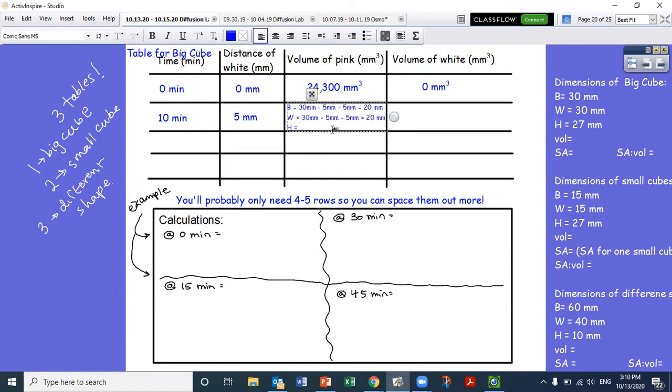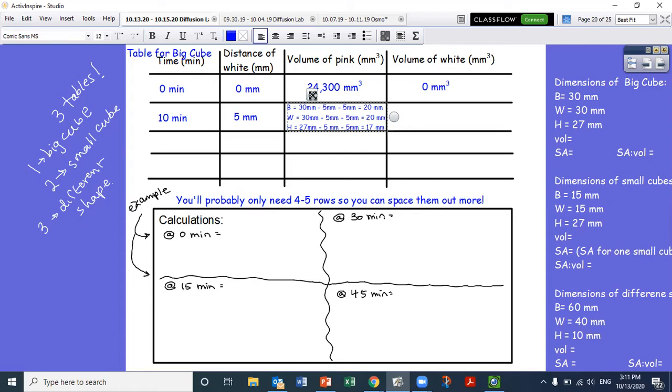So we're going to have 27 millimeters minus 5 millimeters minus 5 millimeters, right? And that's because it's from the left and the right side. So this is going to end up being 17 millimeters. And so you should be able to use your base times your width times your height to calculate the volume of the pink.